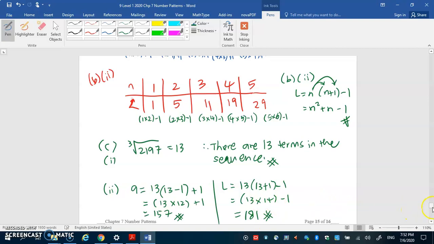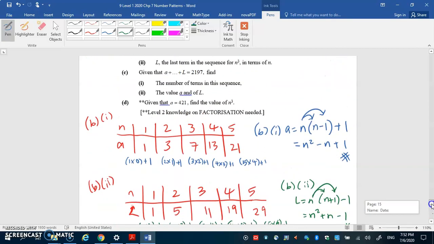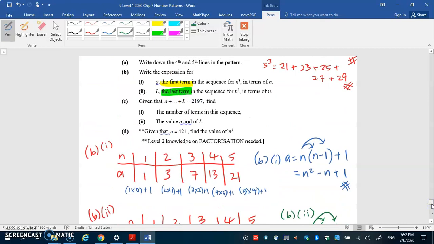Very good, that's for part C. Part D says, given that A equals 421, find the value of n cubed. Okay, so now they give you the value of A, which is 421, and they want you to find the value of n cubed.